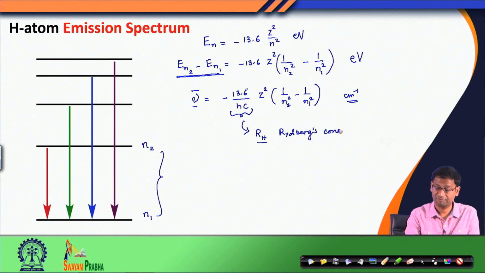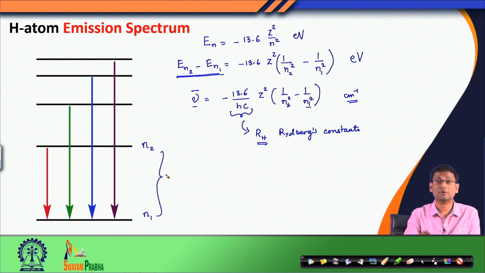If you remember, using this Rydberg constant, we could describe all the different regions of the hydrogen atom's emission spectrum. Using n1 as 1 and n2 as anything greater than 1, we would get the Lyman series. n1 as 2 and n2 greater than 2, we would get the Balmer series, and so on and so forth.